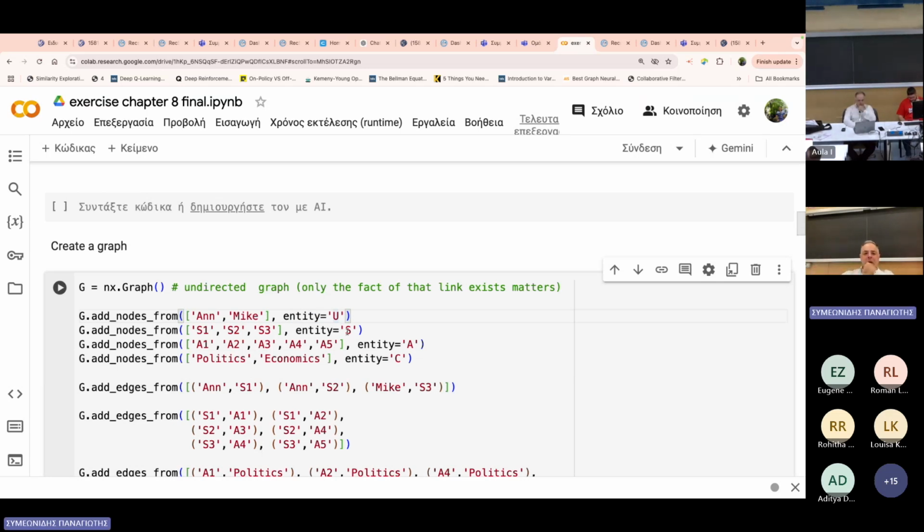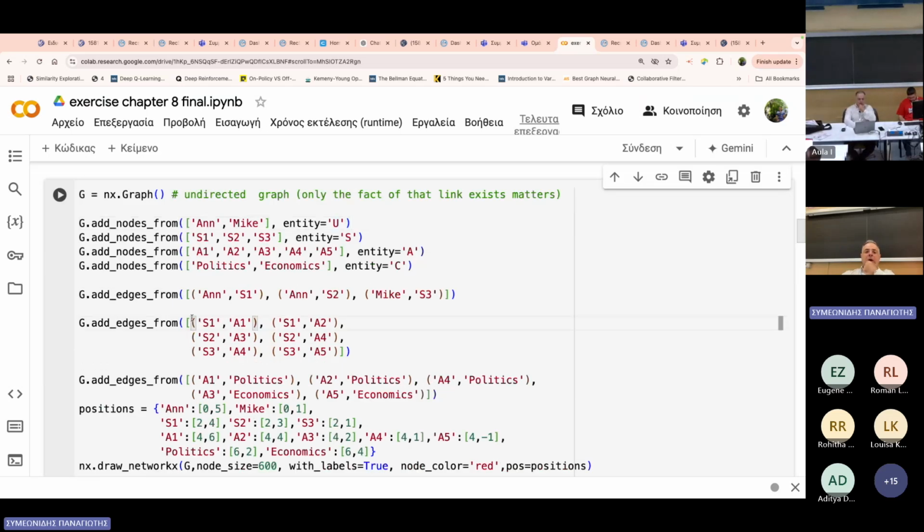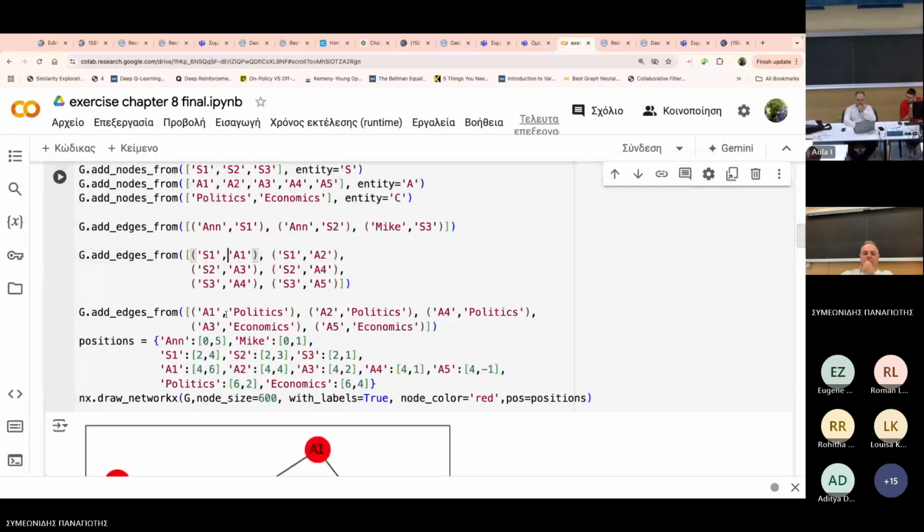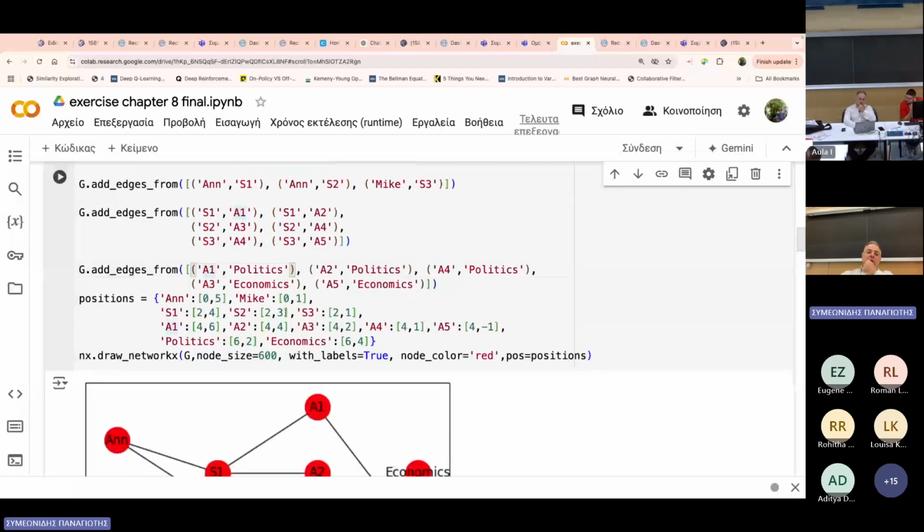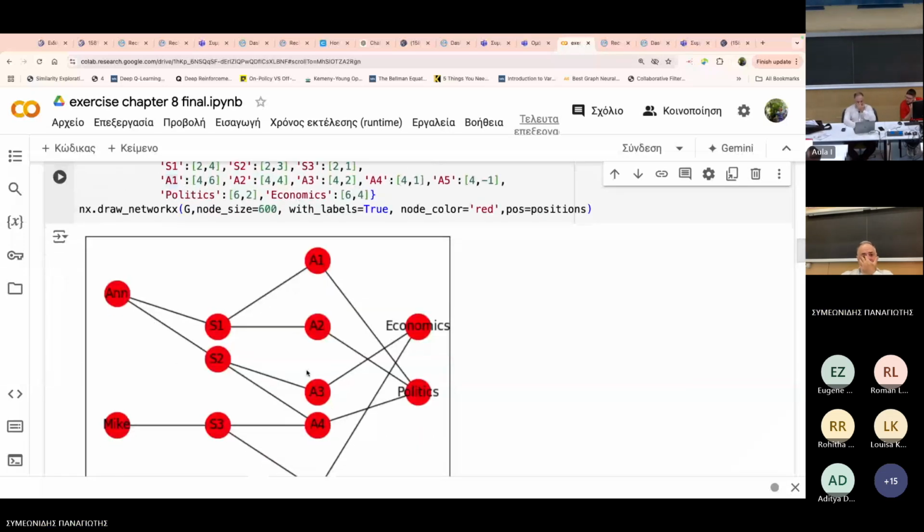Okay. Then we put the edges that connect the different nodes. Okay, a session with an article, with the article's category, and also, yeah, we can visualize the graph easily with this command draw NetworkX.